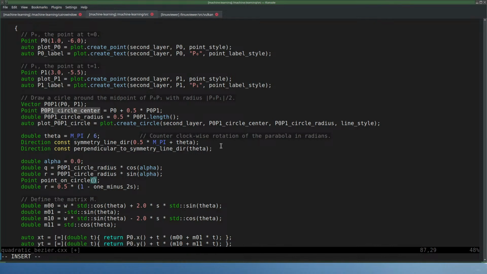And then it has the x coordinate of the center plus q. Maybe we should skip the whole q. Just go straight to that. Comma, the center y coordinate plus this.